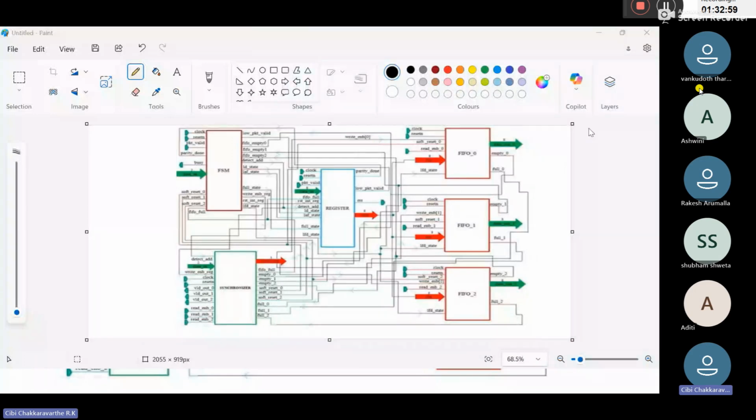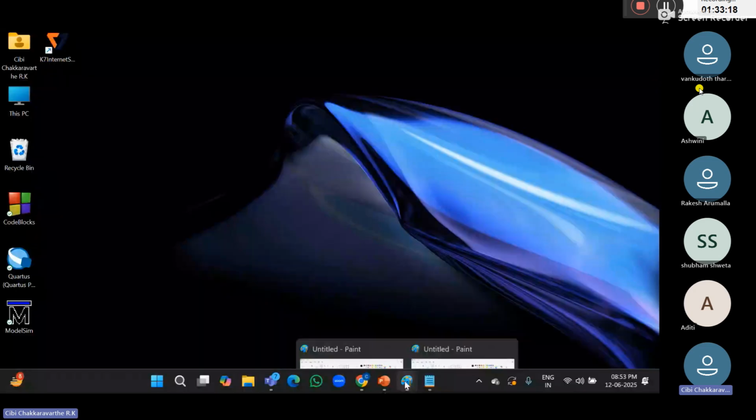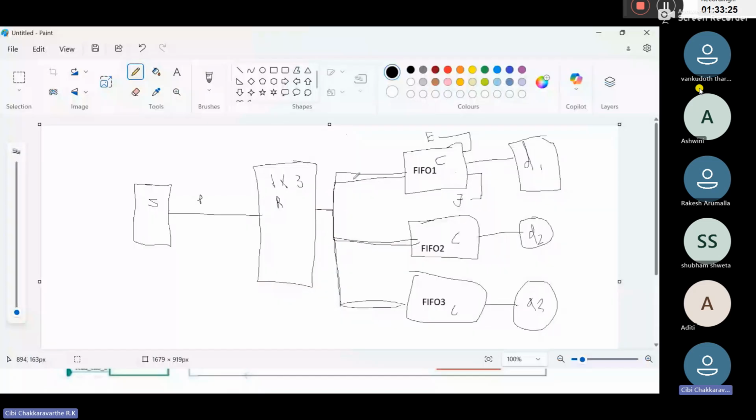Someone asked why we need three FIFOs; we could use one FIFO and pass our packets from that one FIFO to the three destinations.